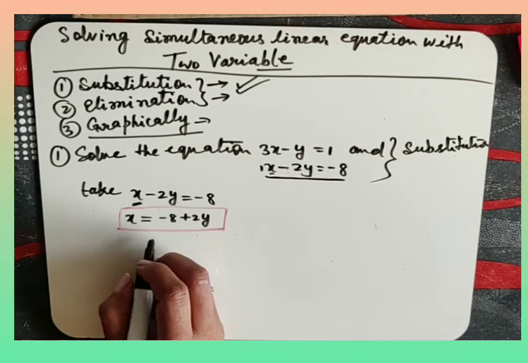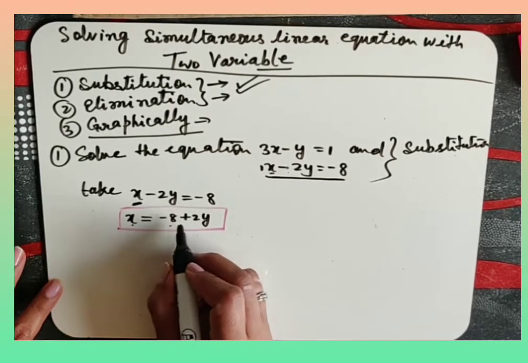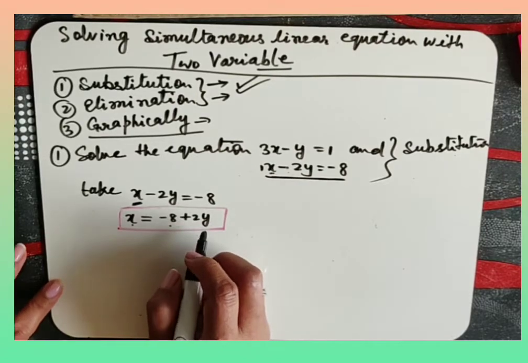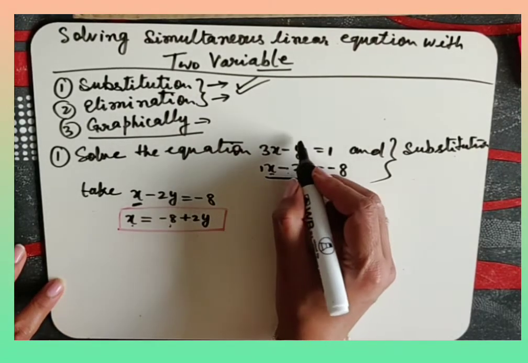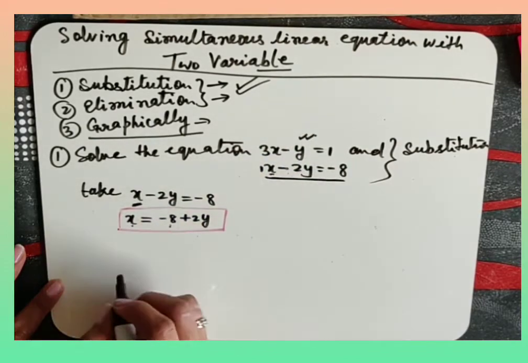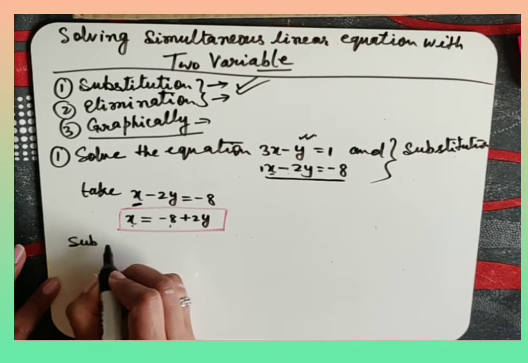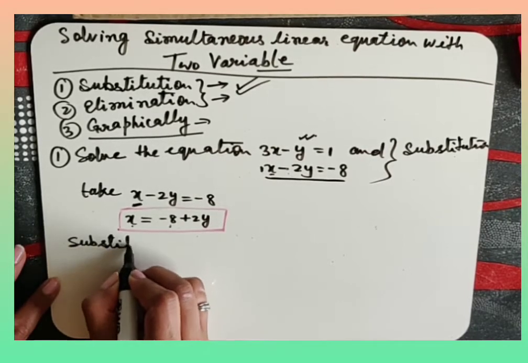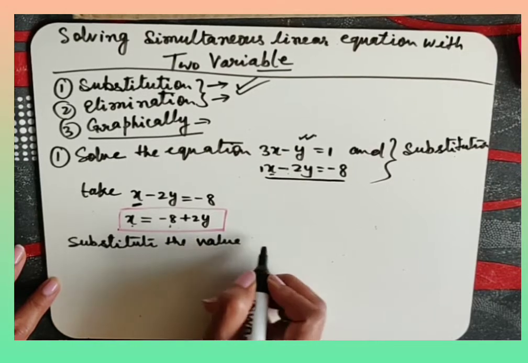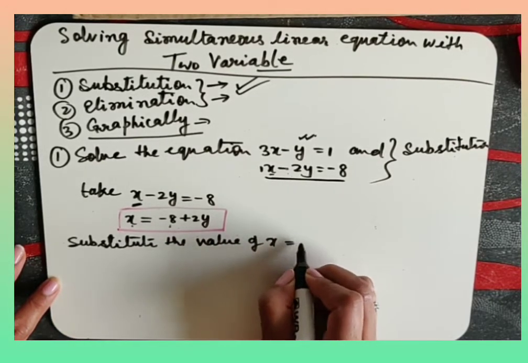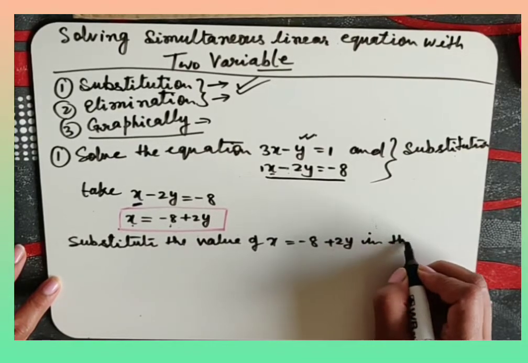So we rearrange this term. We have x in terms of y now. Substitute this value of x into the first equation. Write down, substitute the value of x equal to minus 8 plus 2y in the first equation.